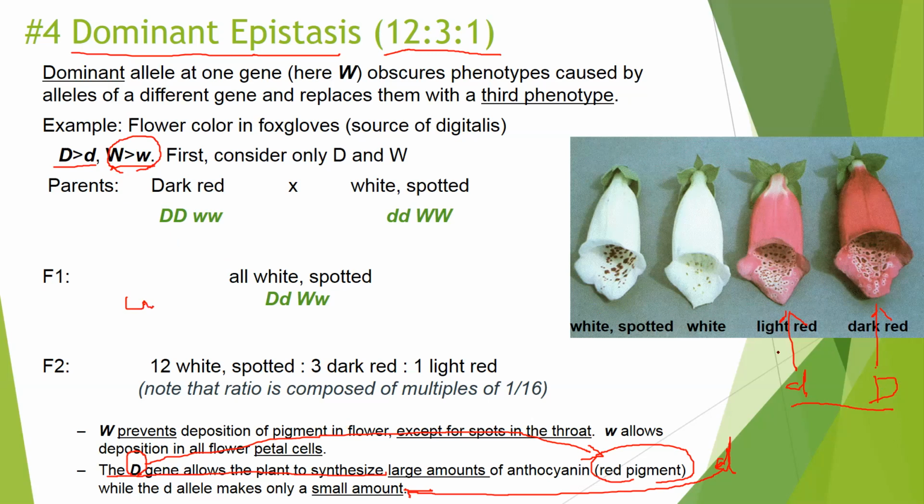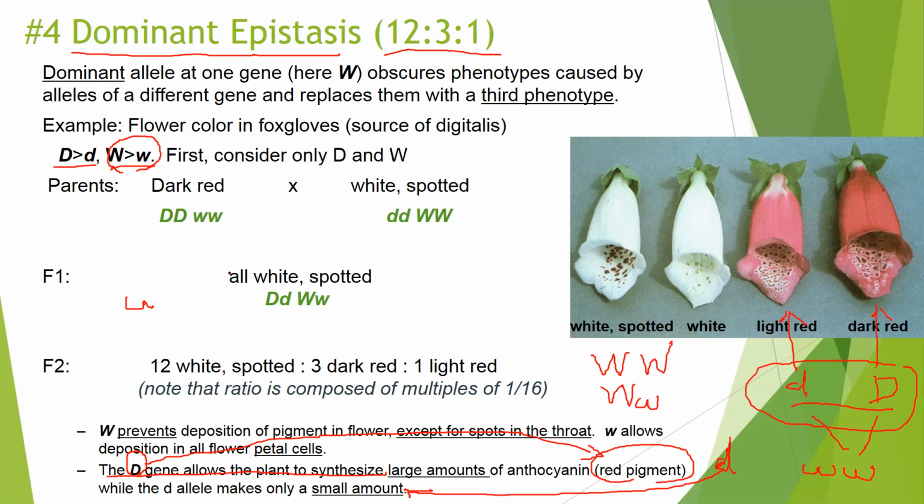So in these two cases, the W gene should be the lowercase w and lowercase w. If the W gene is a wild type like this, or heterozygous, it will prevent the expression of the D gene.